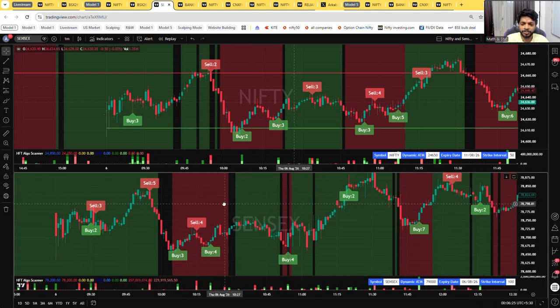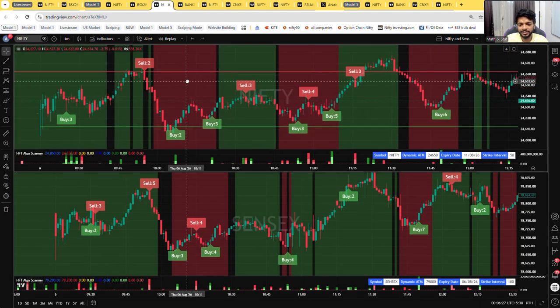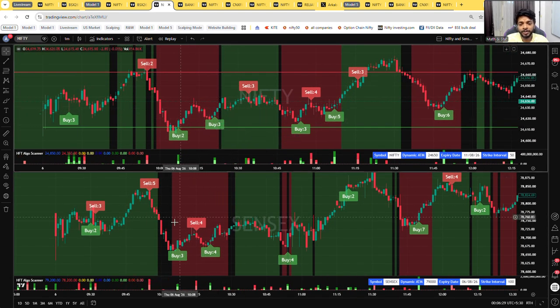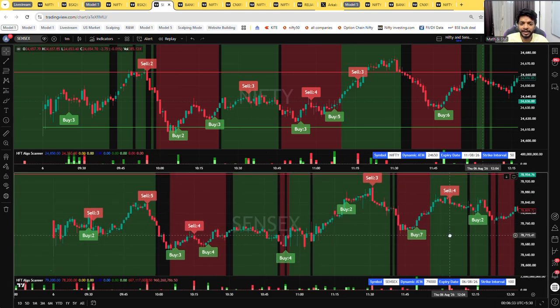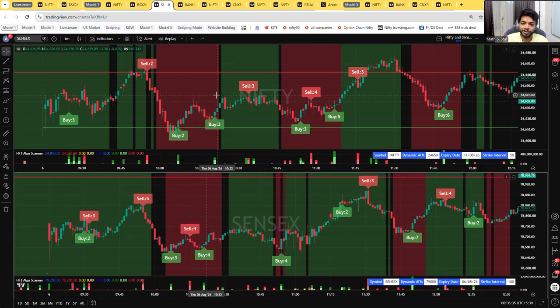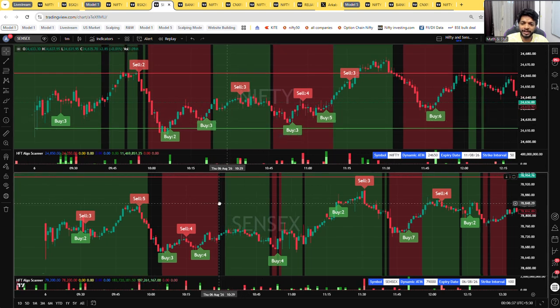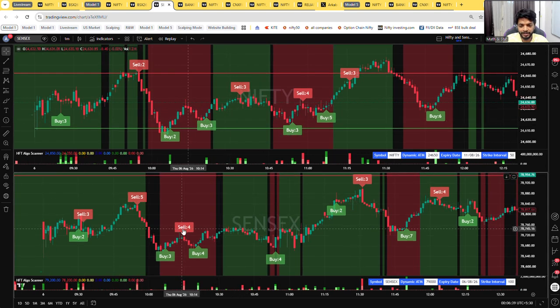That's how it helps you when one of the indices is not giving the signal. Because today we had Sensex expiry, the smart money would be mostly active in Sensex, so there is a high probability that most of the signals would be generated in Sensex, because of the high participation from the big institutions.